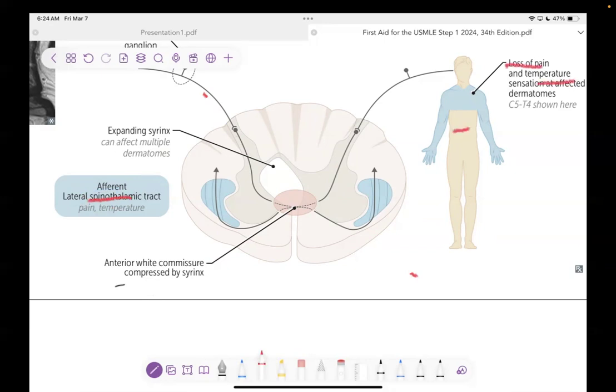The spinothalamic tract was crossing the middle of the spinal cord, and syringomyelia pushed it back and stopped the fibers from going up to the brain, so temperature and pain sensation was affected. It is in dermatomes C5 to T4. It is called cape-like distribution. A cape is a type of clothing that Superman wears, right? Cape-like distribution means that the patient will not have the sense of pain and temperature in the upper body.